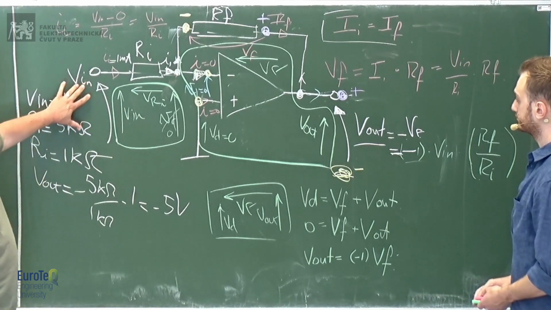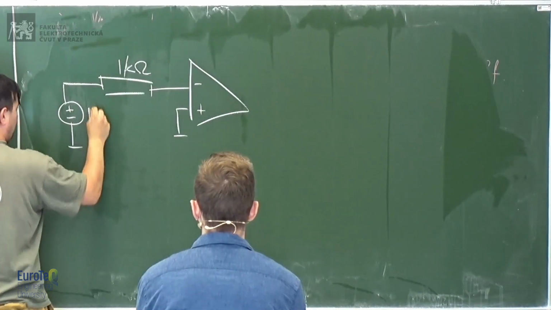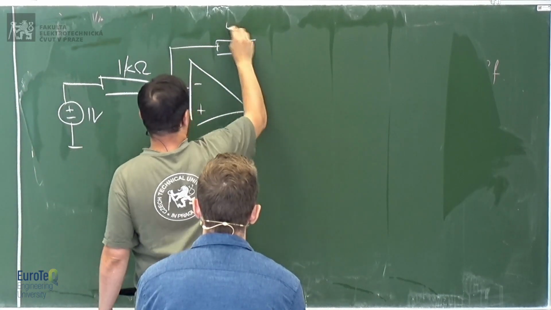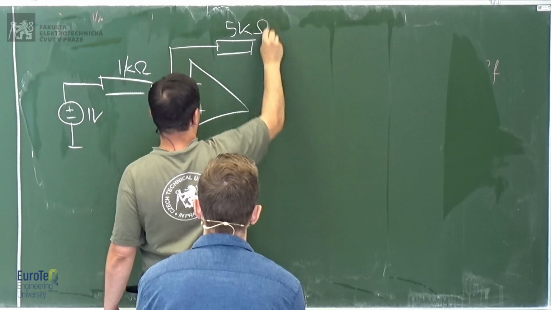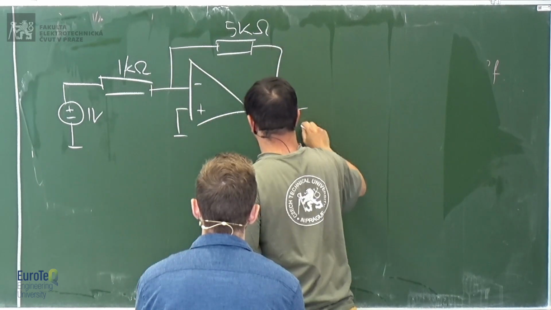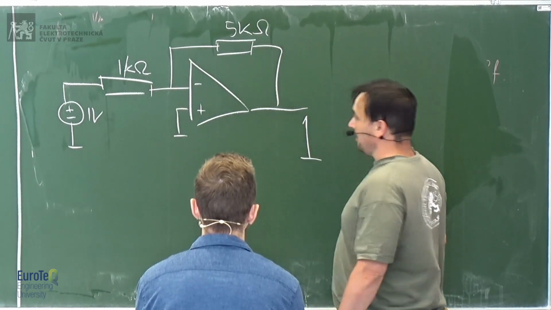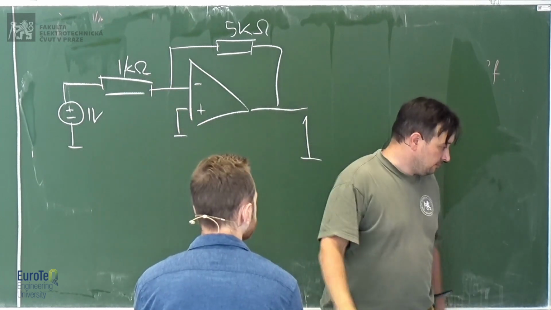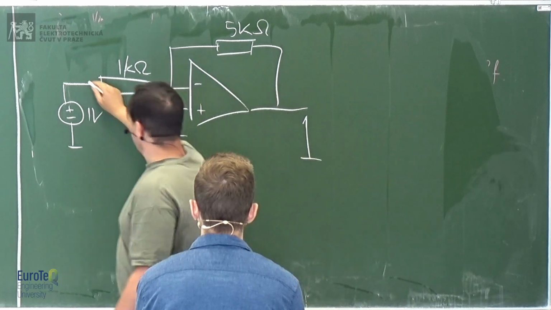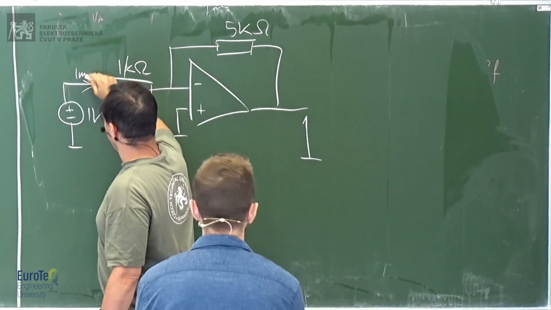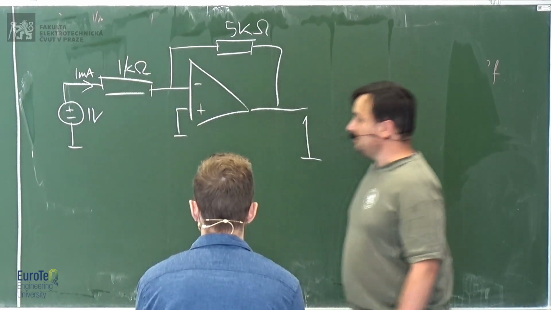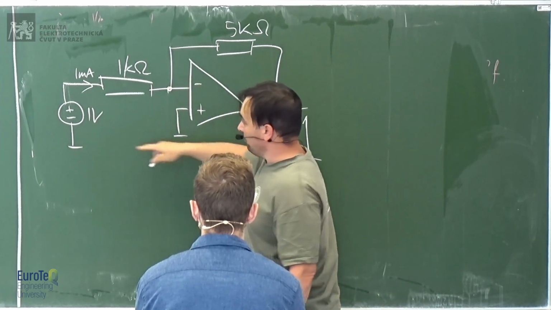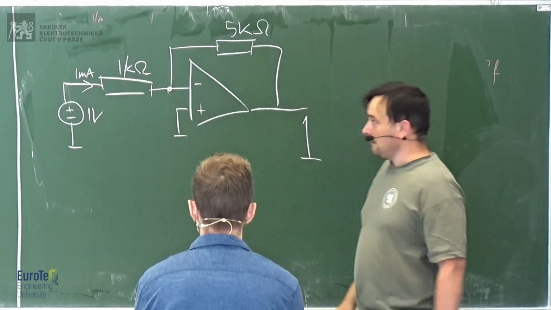Because we have 1 volt at the input. Here we have 1 volt. Here we have 5 kilo ohms. Here you have 1 milliamp, right? Because we have 1 volt divided by 1 kilo.